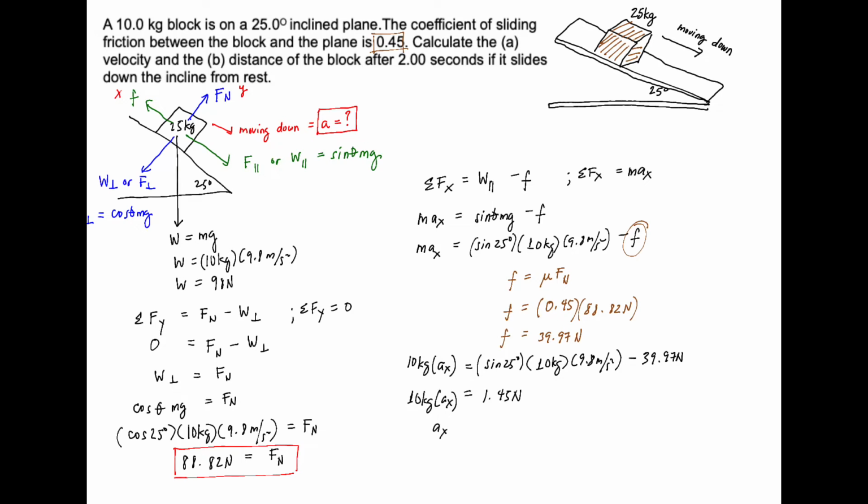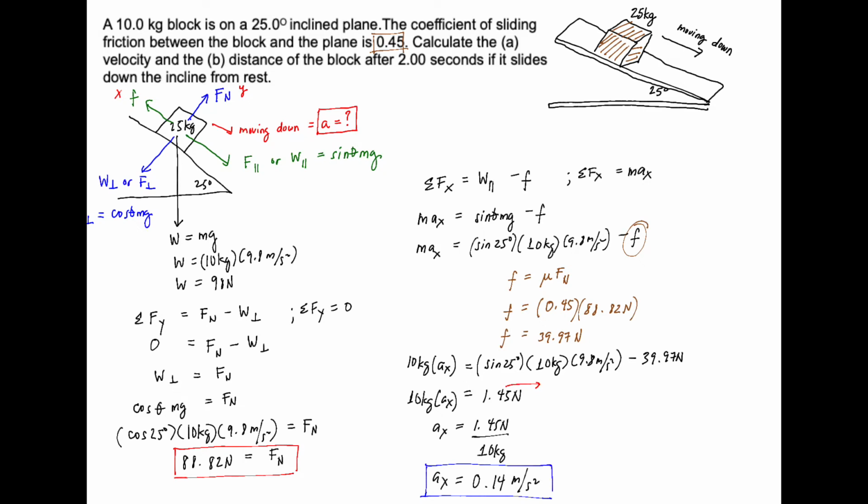Solving now for ax, that would be 1.45 newtons divided by 10 kilograms, and so the acceleration would be 0.14 meters per second squared. Why does it become 0.14?